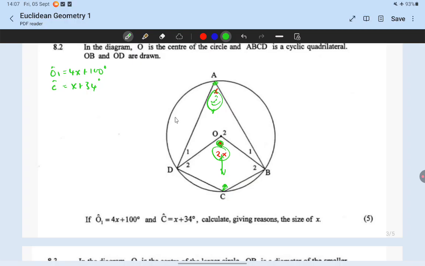So that's the equation that we want. So the first thing we have to do is turn our O1 and try to find our angle A. So we know that our O1 is equal to 2 multiplied by our angle A. What is the reason? Angle at center is equal to 2 times angle at the circumference.